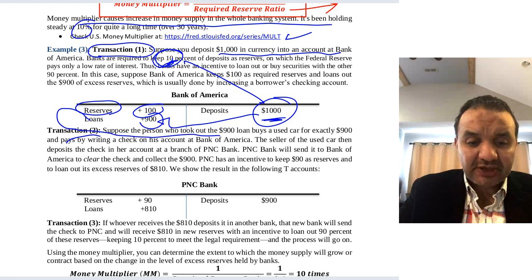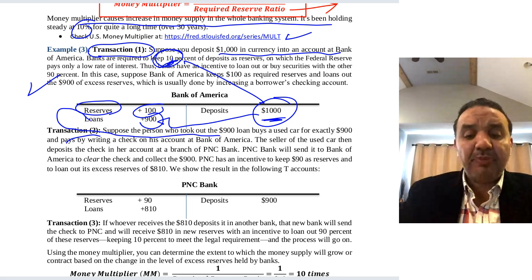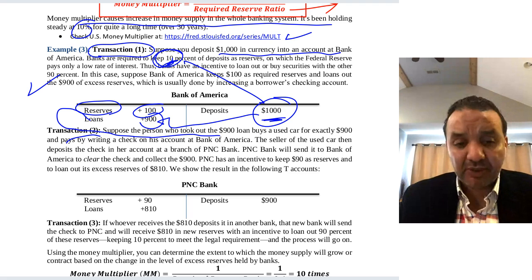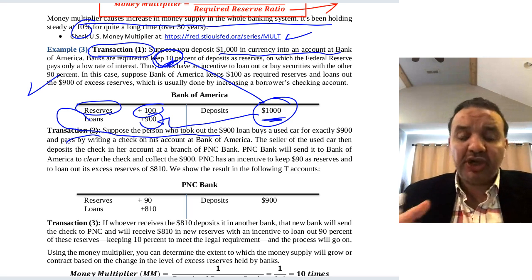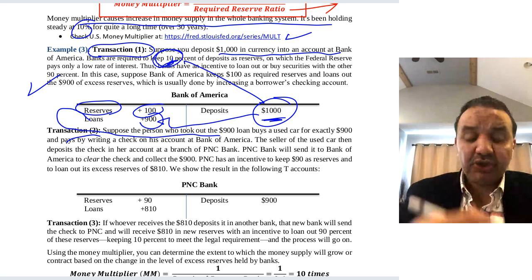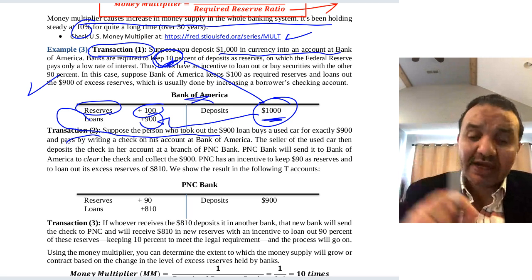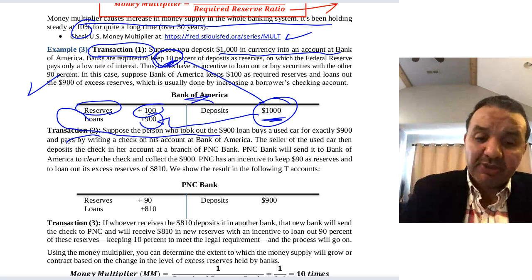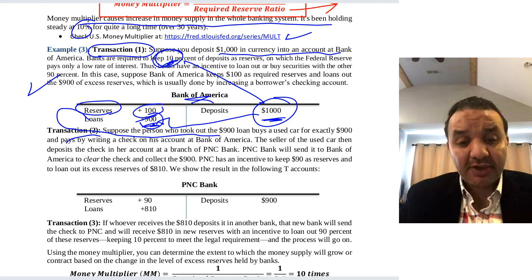So let's do transaction number 2. We are done with transaction number 1, where someone simply went to the Bank of America and deposited 1,000. Transaction number 2: as I said before, the bank acts as a middleman. It takes your deposit and gives it as a loan to someone else. So Bank of America will use your $1,000 deposit, keep the $100 reserve, and use 900 as loans.